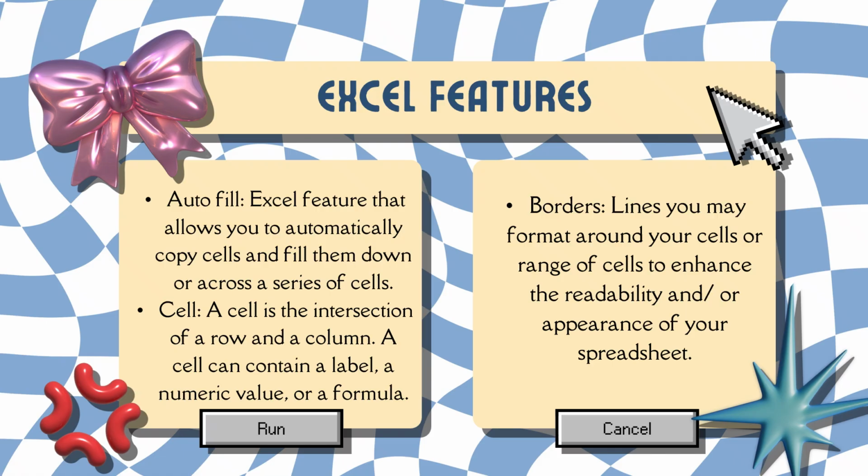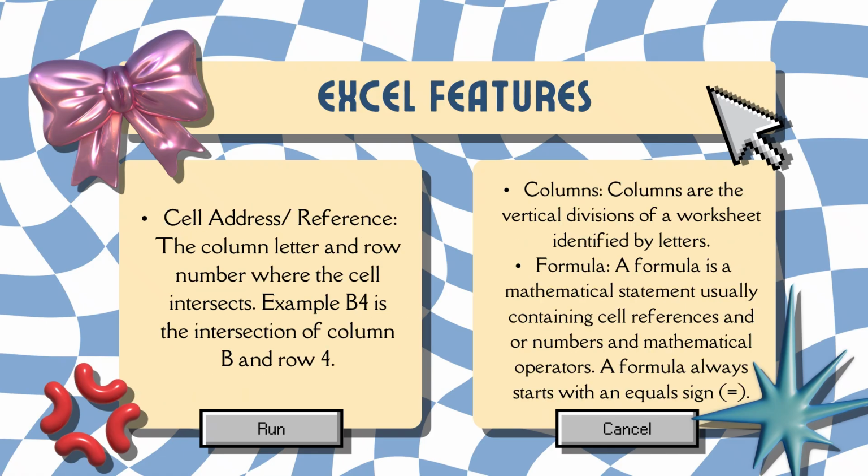Lines you may format around your cells or range of cells to enhance the readability and or appearance of your spreadsheet. Cell address or reference. The column letter and row number where the cell intersects. Example, B4 is the intersection of column B and row 4.